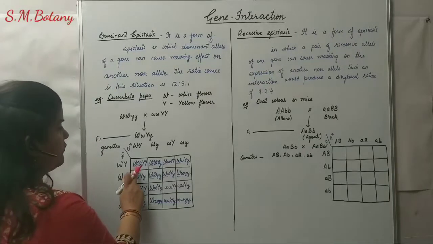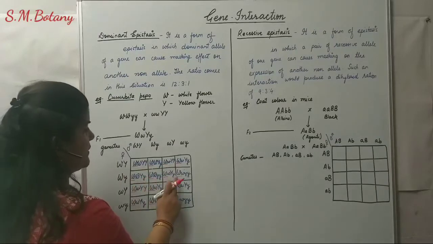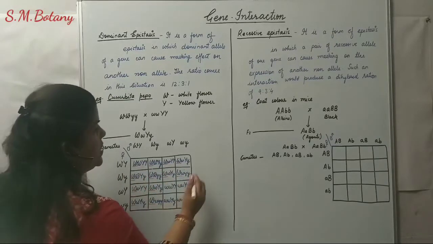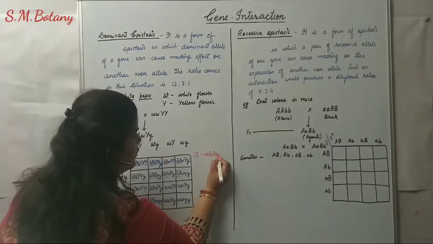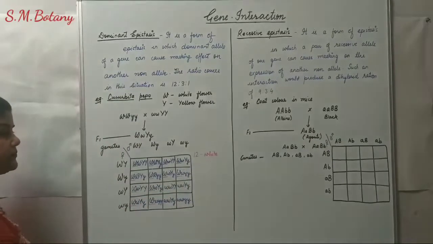Now we count: 1, 2, 3, 4, 5, 6, 7, 8, 9, 10, 11, 12. It means 12 are white in color.